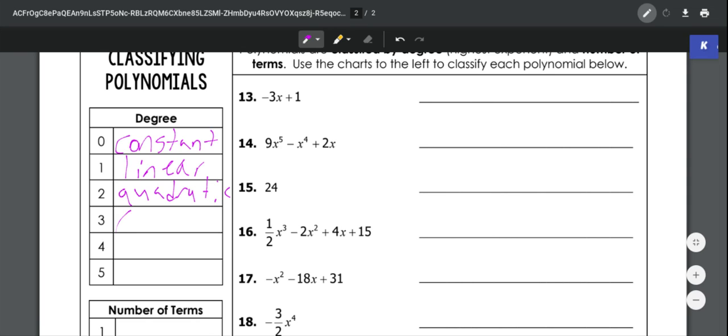Let's see, 3 would be cubic, 4 is quartic, and 5 is quintic. So those are the highest exponents. Like if you look at number 14, you've got an exponent of 5 here. That's the highest exponent, so that would be quintic.